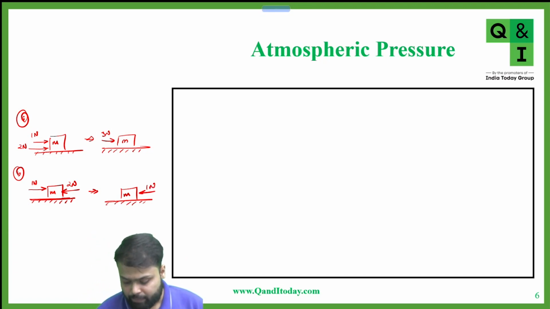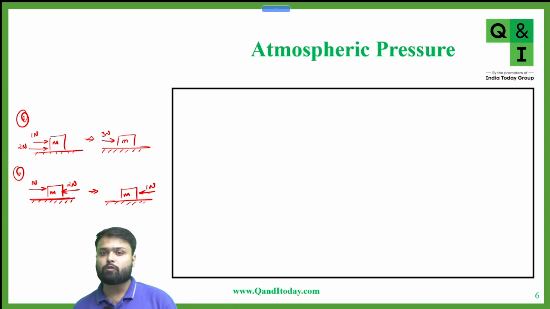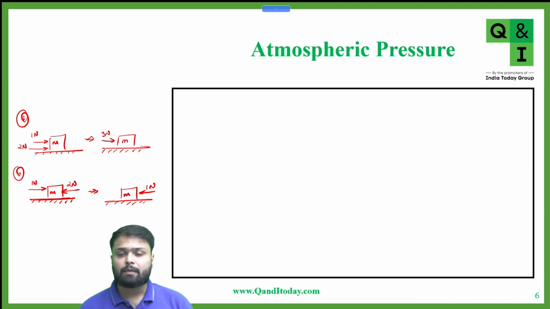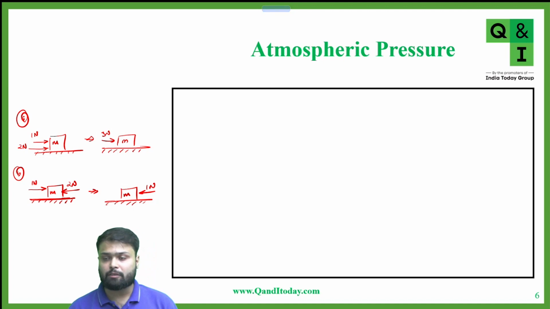Very good. Why? Because if two forces act in opposite directions, the resultant force will be the difference of the forces, and the resultant will be in the direction of the larger force. Yes or no? Yes, sir.